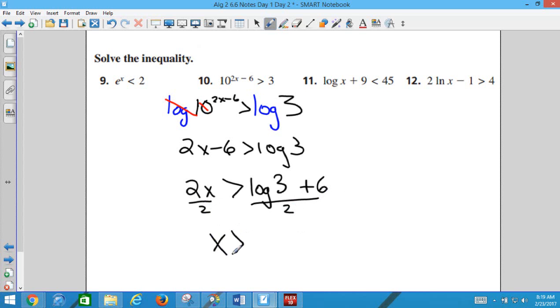Now try typing it in your calculator to make sure that you get the exact same answer that I get.